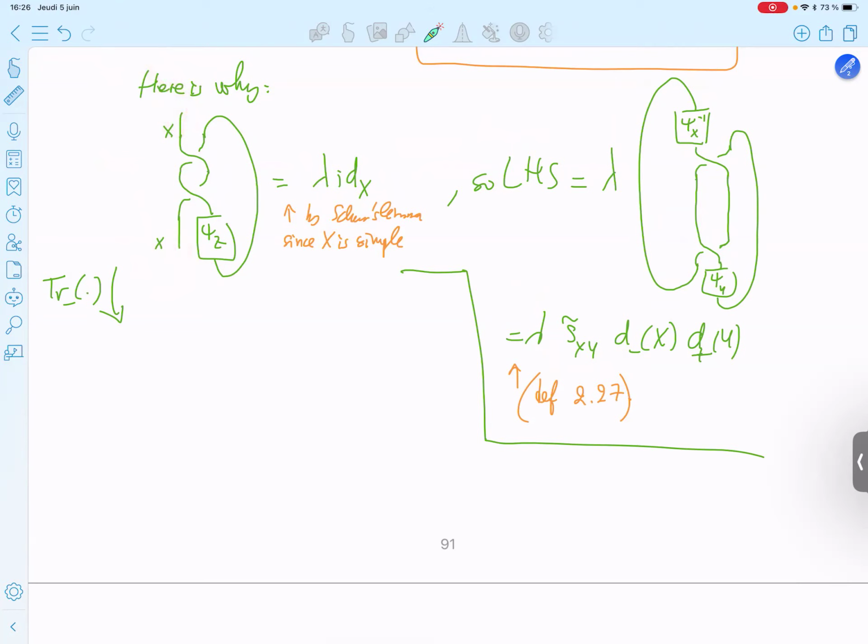What you get is exactly the same as here: the entry of the S-tilde matrix with the appropriate dimension.